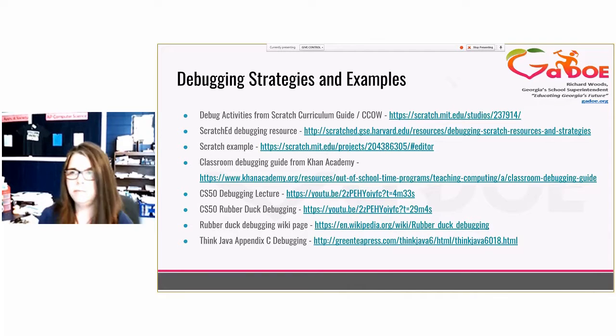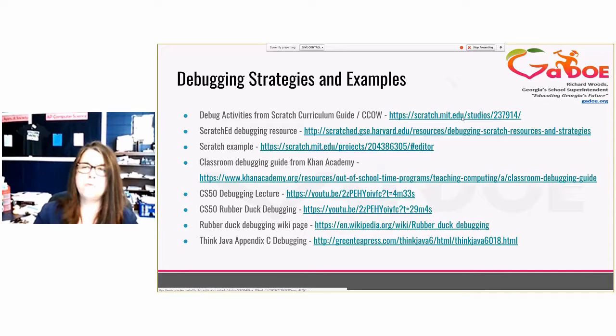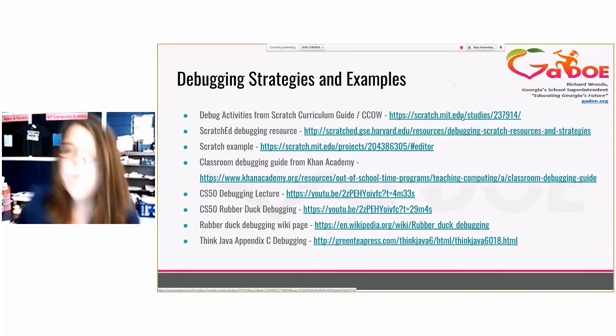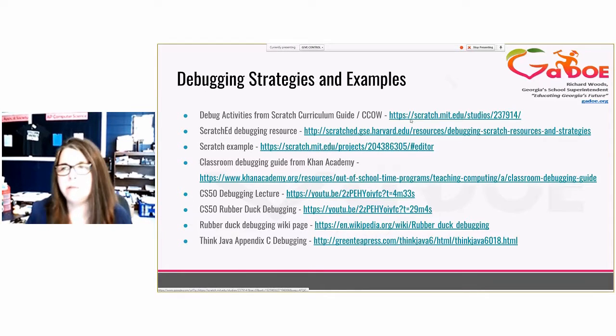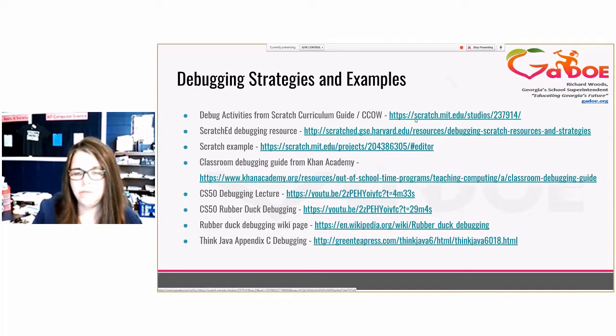These are some examples and online locations of some debugging lessons. I love Scratch, my first programming language for most people, no matter how big or little they are. If I have someone who never programmed, I'll start them off with Scratch, just because I like the graphical feedback.